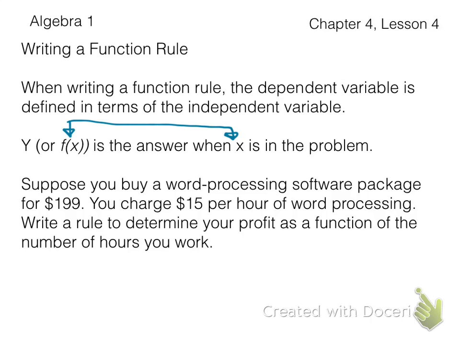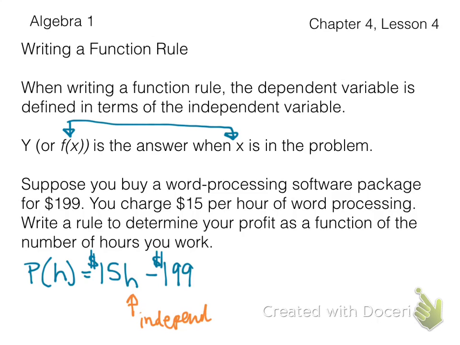So if we say that we have profit based on the number of hours worked, I can do P of H, so that $15 times H would be the amount of money I make, but I still need to subtract the amount of money I've spent. Because my profit can't actually happen until I've made back my $199.